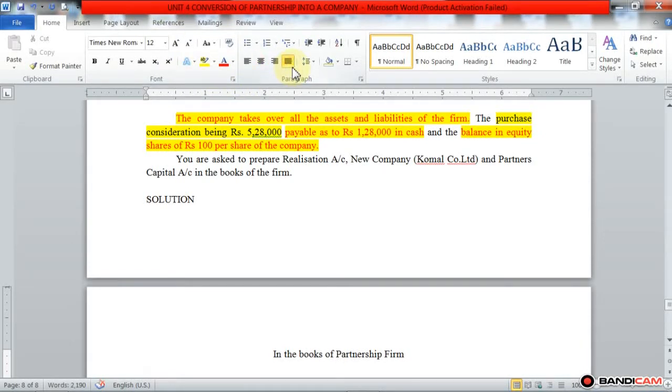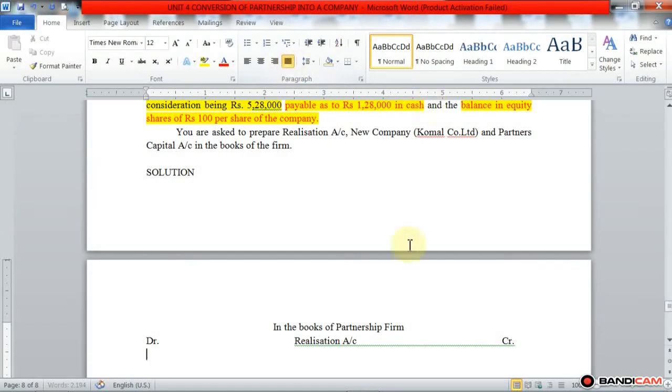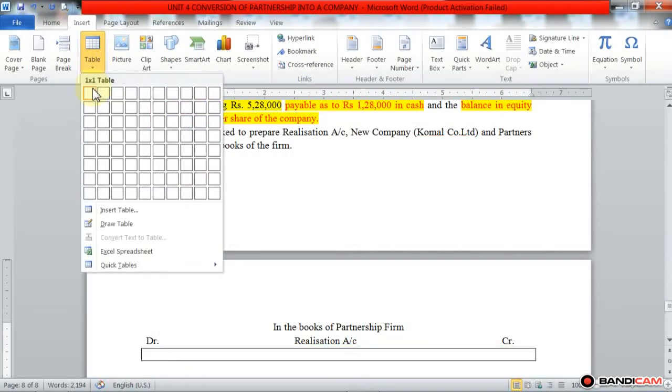It means debit, then realization account, then credit. Prepare a four column, that is particulars, rupees.